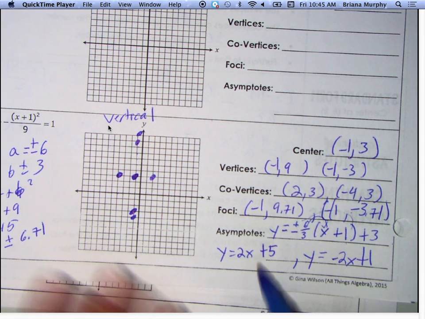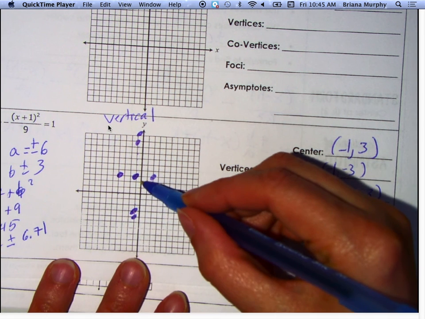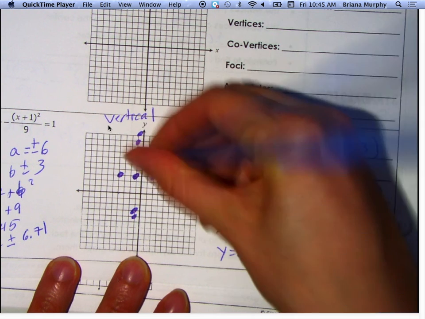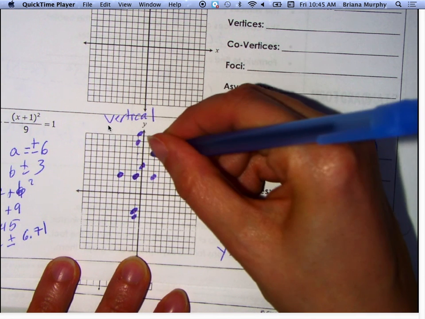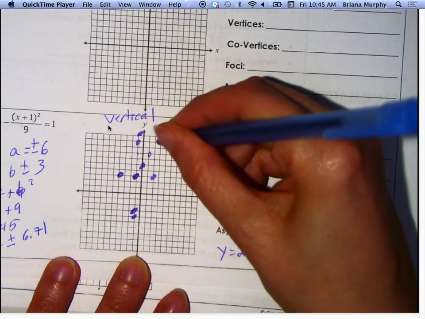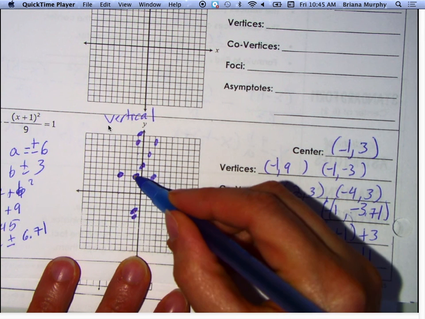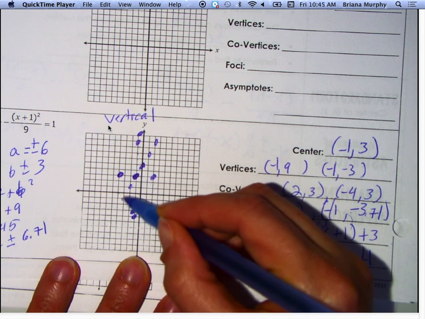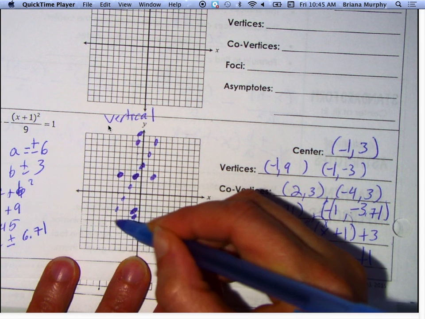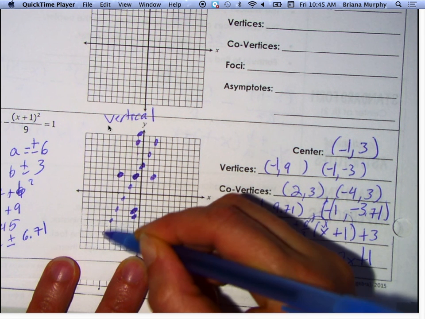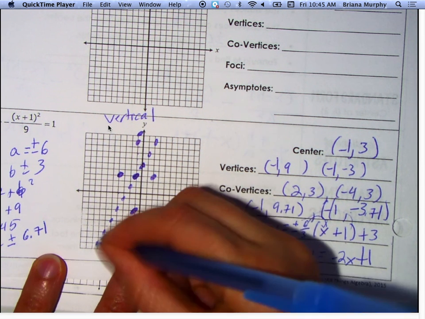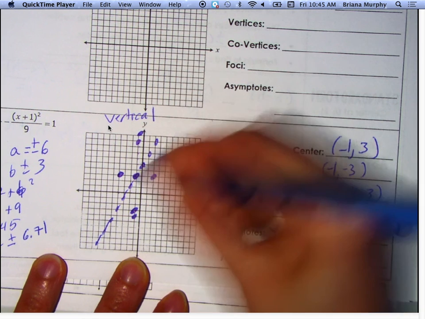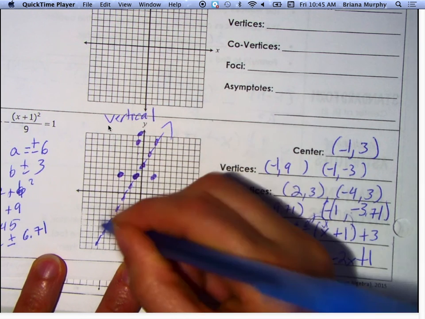I'm going to start at 5. 1, 2, 3, 4, 5. And I'm going to go up 2 over 1, or down 2 over 1. And I'm going to make my dotted line at 5, right?